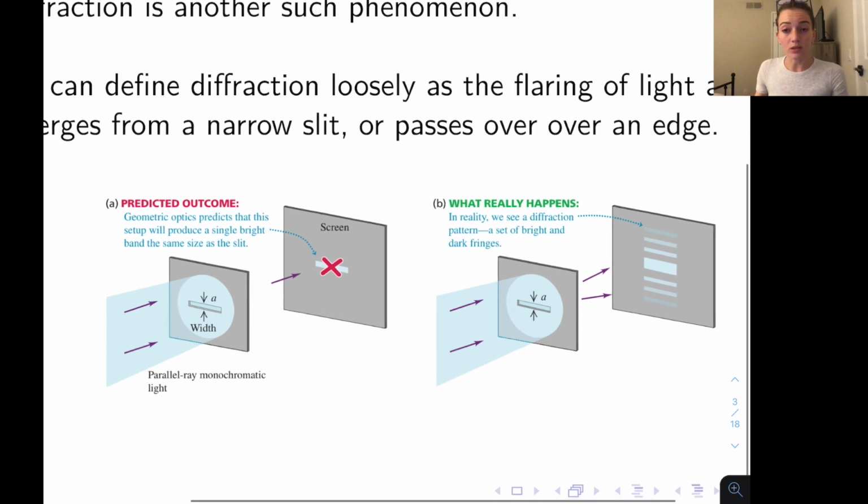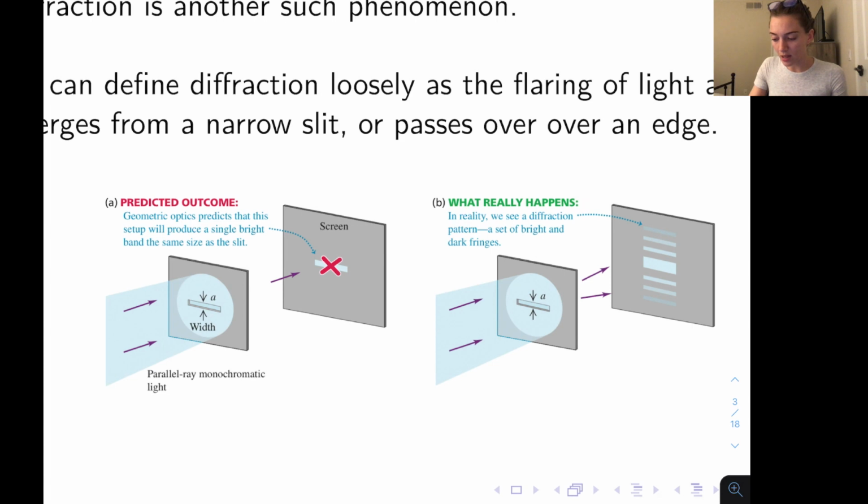So you get what's called a diffraction pattern. You get this single big bright band in the middle, and then you get these other little bands fading out. That's basically the wave interfering with itself. Obviously the dark bands are where it interferes destructively, and the bright bands are where it interferes constructively. So diffraction is just a type of interference.